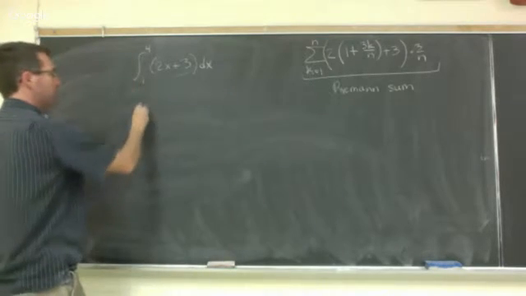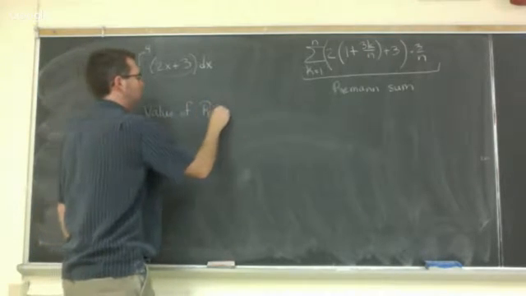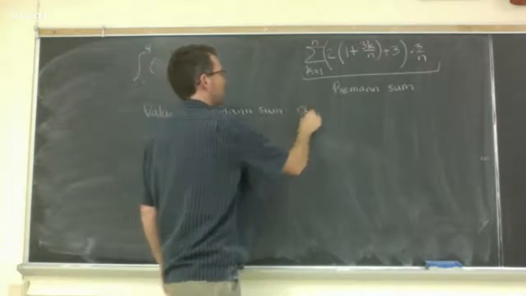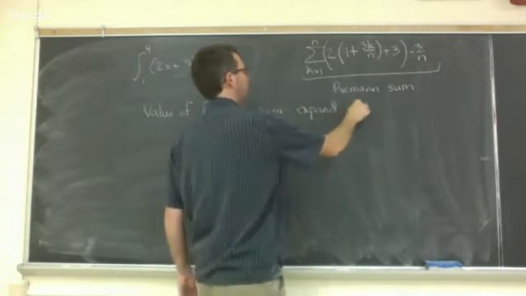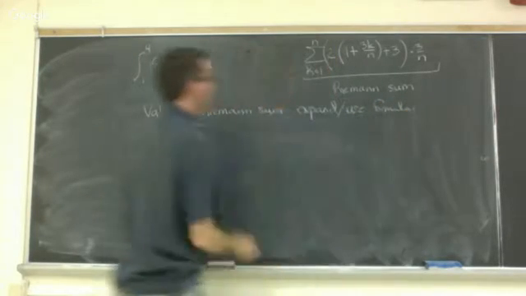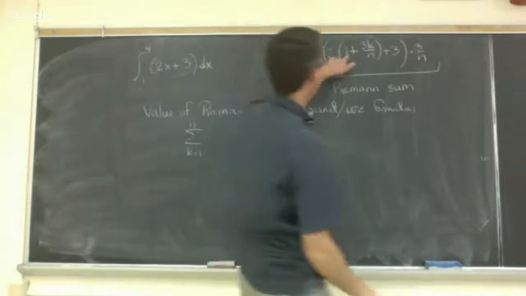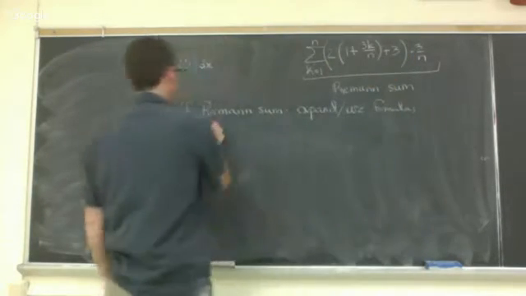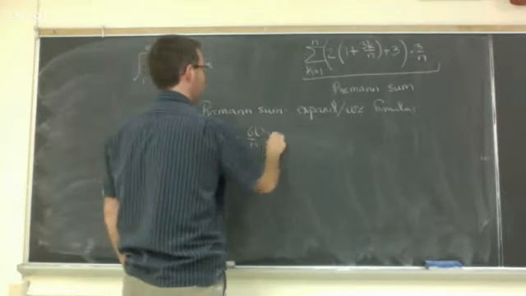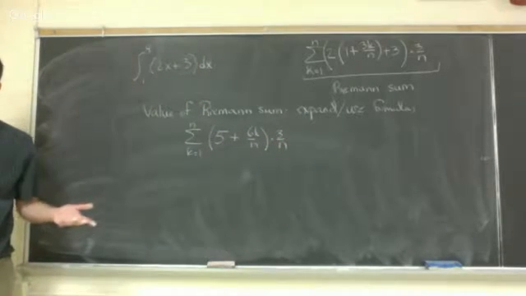So if I ask for a value of a Riemann sum, then I want you to expand it and use formulas. Right, so here I have a sum, k goes from 1 to n. What do I get? 2 plus 3 is going to be 5, plus 6k over n, times 3 over n. Now I would want you to expand it out.